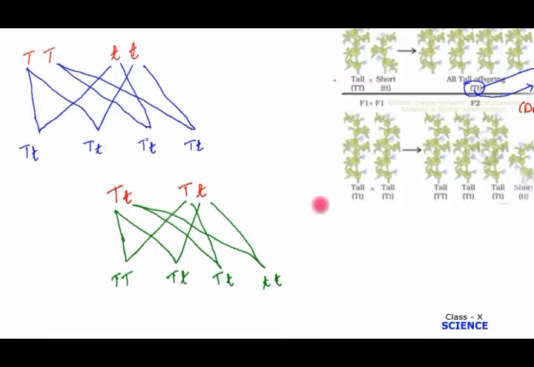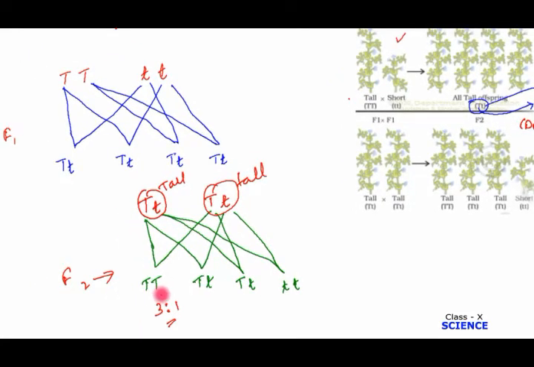Now upon self-pollination, the ratio of the plants obtained will be 3:1. See here, this plant is a tall plant and this is also a tall plant, but although both the plants are tall, the generation produced is the F2 generation.